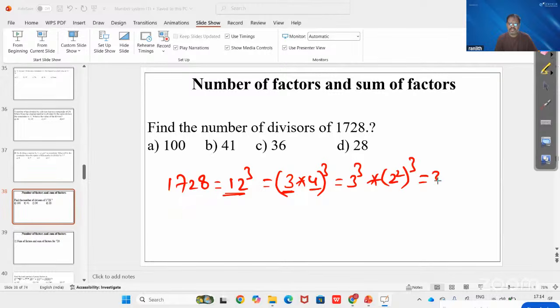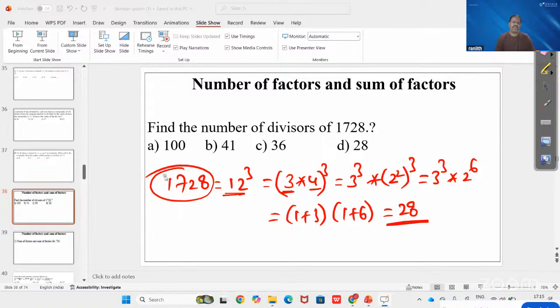So this can be written as 3 cube into 2 power 6. So 1 plus 3 into 1 plus 6 is equal to 4 into 7, which is 28. So the number of factors of 1728 is 28.